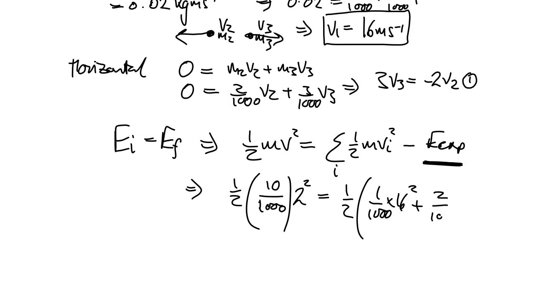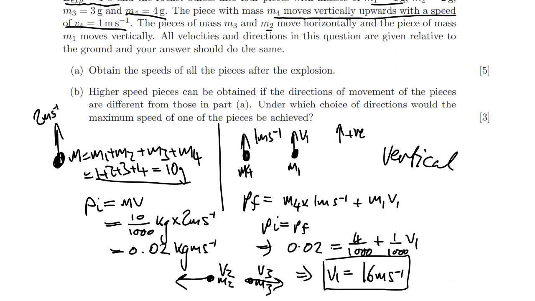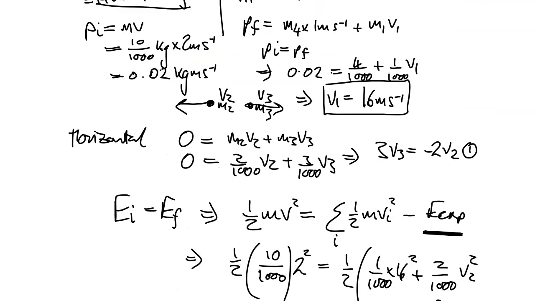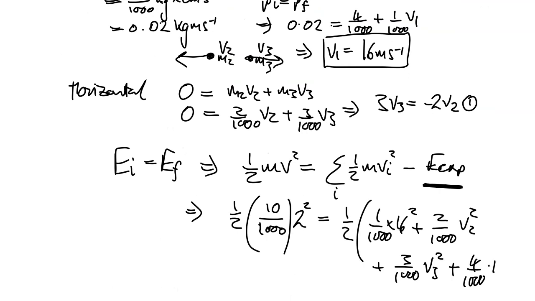Mass 2, which is 2 kilograms, times v2 squared, plus mass 3, which is 3 grams, or 3 over 1,000 kilograms, plus mass 4. And we're told that mass 4 goes at 1 meter per second, so that's just 1 squared.